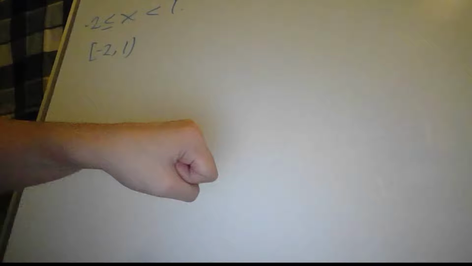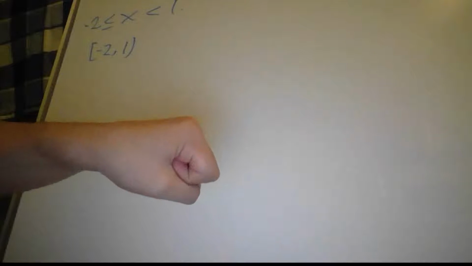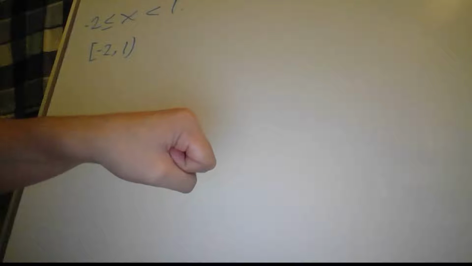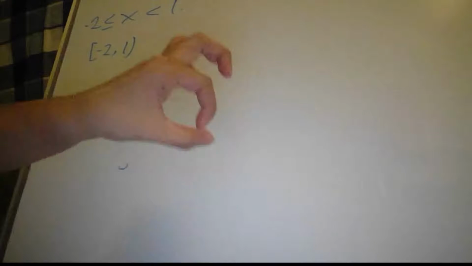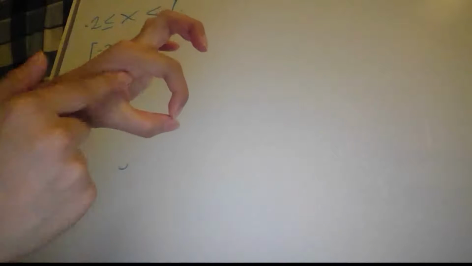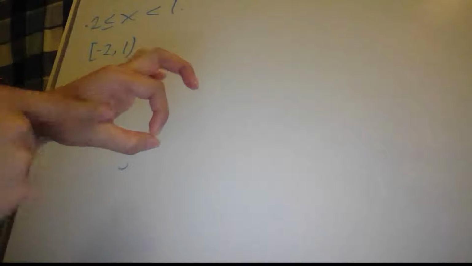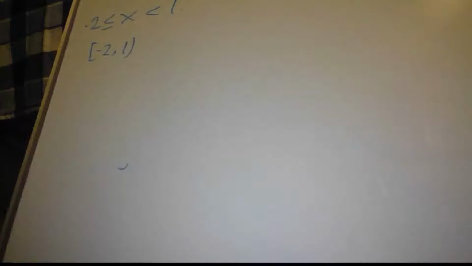That's how you would know that it's less than or equal to, so it's a closed dot. If it's open like this, notice that it looks like a parentheses. So it's an open dot, it's a parentheses, right? That's the way that they taught us.